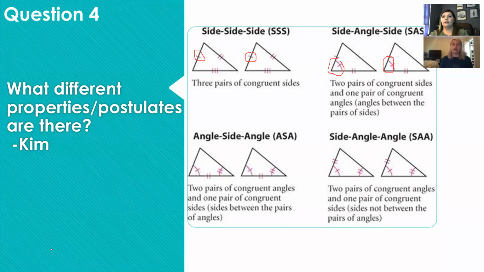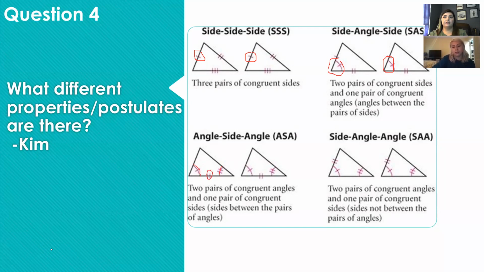We also have angle side angle, which is ASA. We have 2 pairs of congruent angles and 1 pair of congruent sides. So we see we have 2 angles here, and then we also have a congruent side.